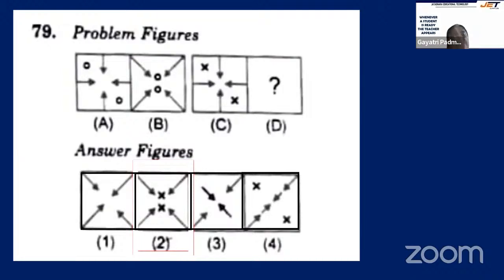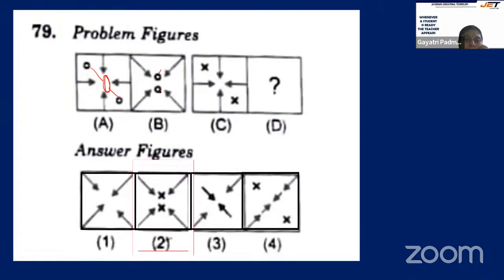Your problem figure has 4 arrows whereby 2 shaded small circles are facing opposite sides. And in the second one, both are joining. Is it clear? Just a second, let me use my pen. All right. So these two figures are being brought in such a way that it is facing like this.